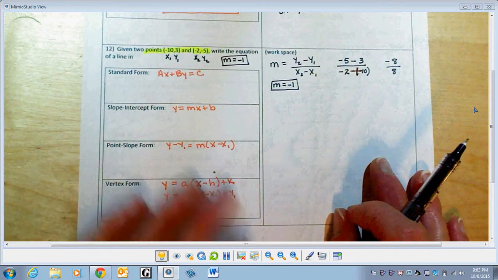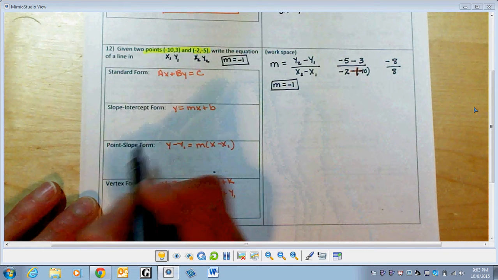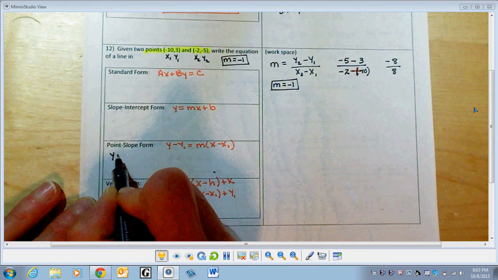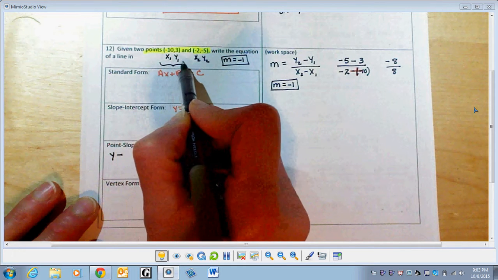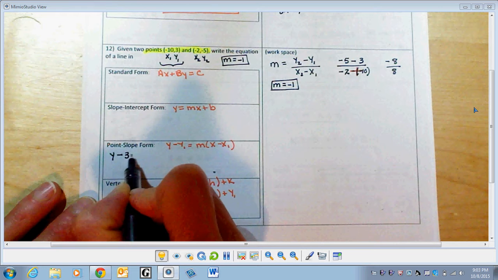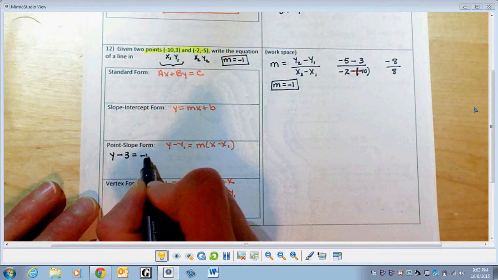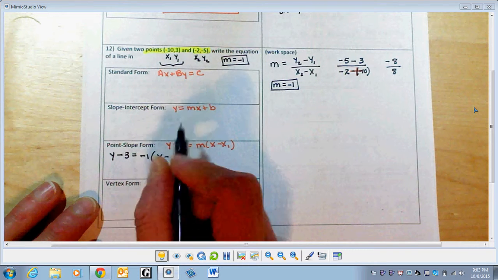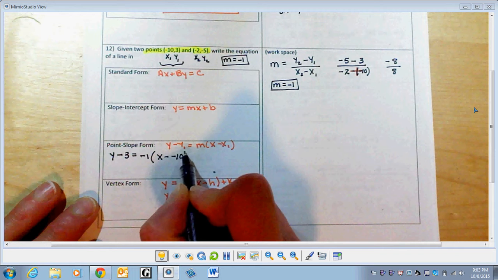I only need to pick one, but I'm going to show you both. So here I'm going to have y minus y1. I'm going to pick this set first. So y1 is going to be 3. And that's going to equal my slope, which is negative 1, times x minus x1. Well, x1 here was negative 10.